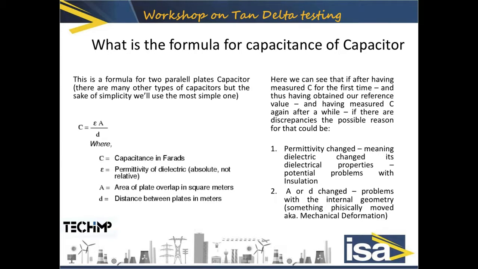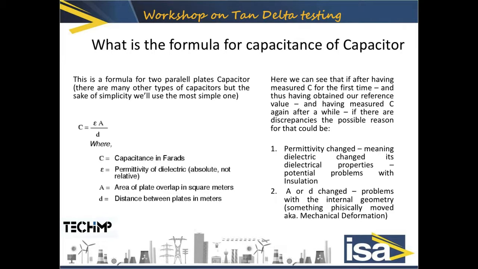So vacuum has 1, paper and oil have 2.2, let's say, porcelain has 7, which would effectively mean that you can put 7 times more electrical charge in a capacitor which has porcelain as dielectric in comparison to a capacitor which has vacuum as dielectric.